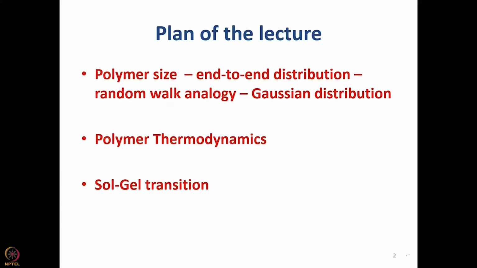Here, sol means a solution of monomers. The monomers connect together to form a branched polymer, which then becomes a highly viscous solution. It's a very important industrial process and is used widely.